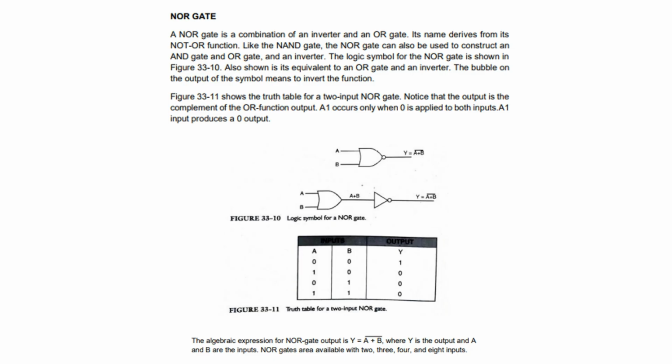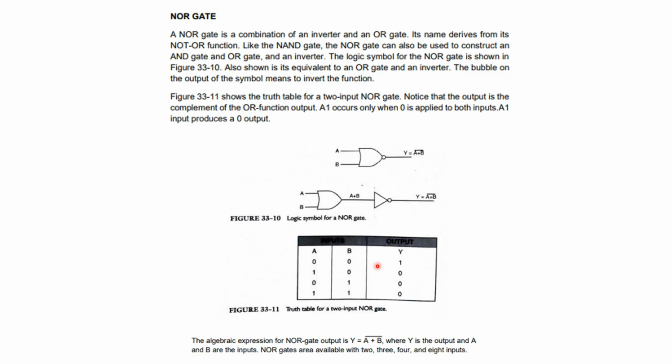For the NOR gate, it's the combination of NOT and OR. What we're going to do here is perform the same as how we did it in NAND. So you apply OR. In applying OR, it's like you're doing an addition, right?